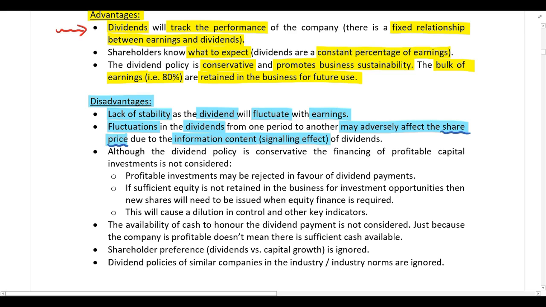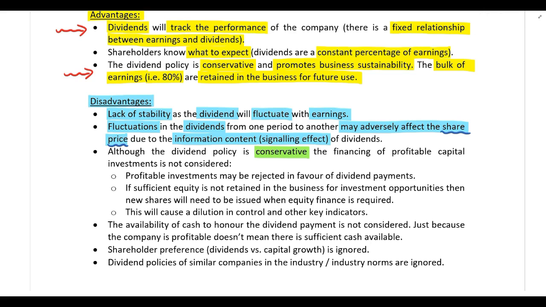The same logic actually applies with the next point. We said under advantages, by paying out only 20% of their earnings as a dividend, 80% is retained in the company. So they have a conservative policy. They are keeping the bulk of the earnings in the company for future use. However, they do this every year without even considering if there are any profitable investments.